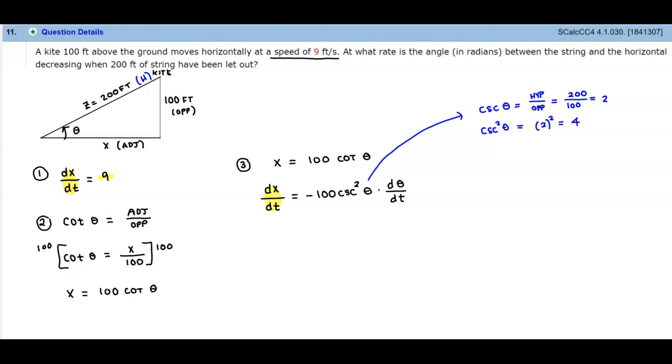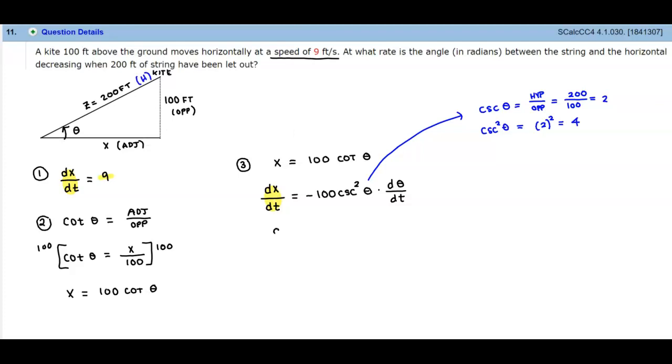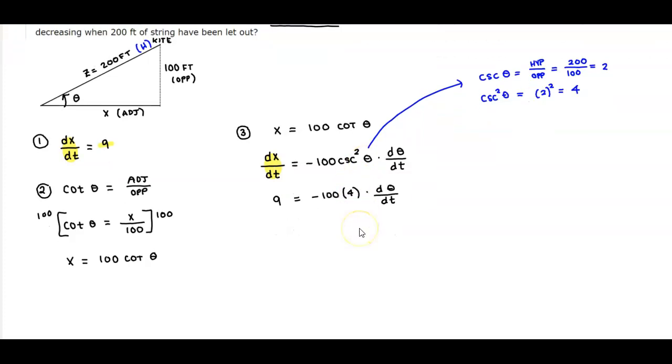So now let's fill in our given information here. We know that dx over dt is equal to 9, and that's going to equal negative 100 times 4 times d theta over dt. So we end up getting 9 equals negative 400 times d theta over dt. Divide both sides by negative 400.